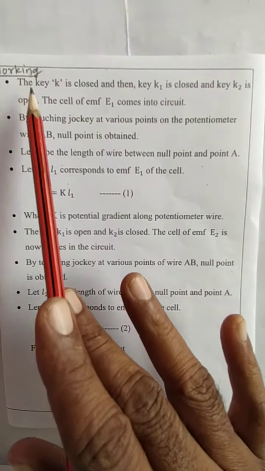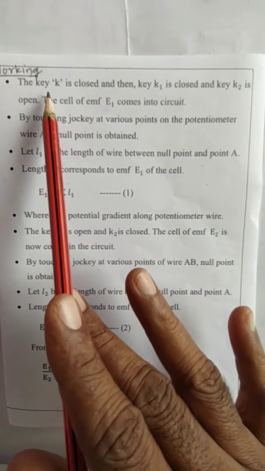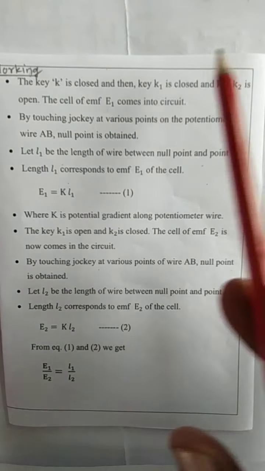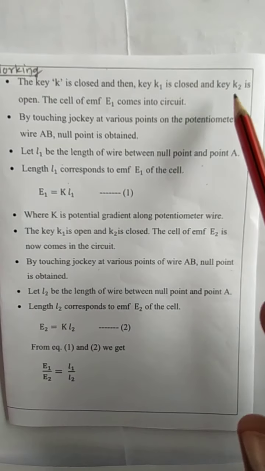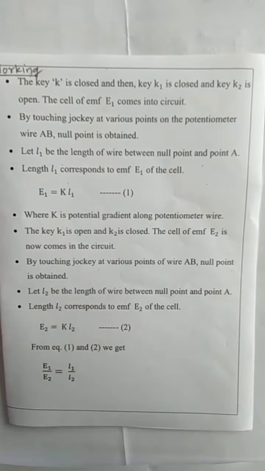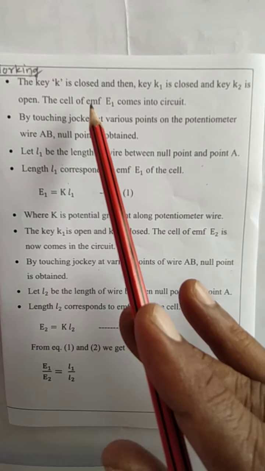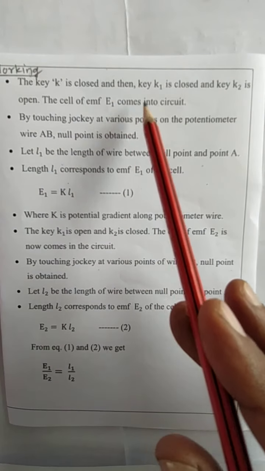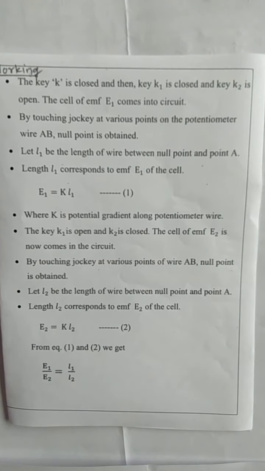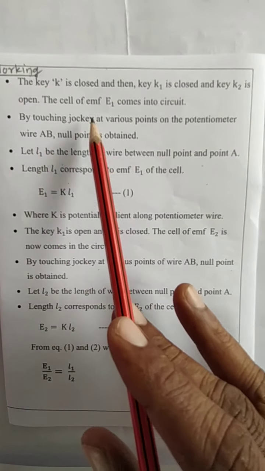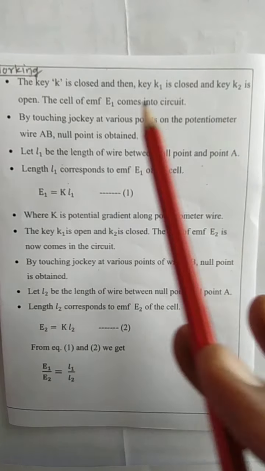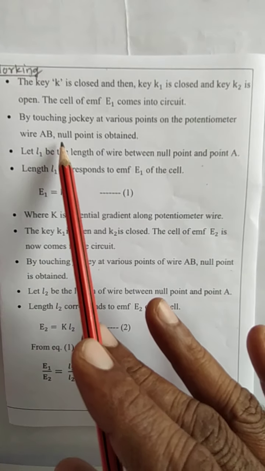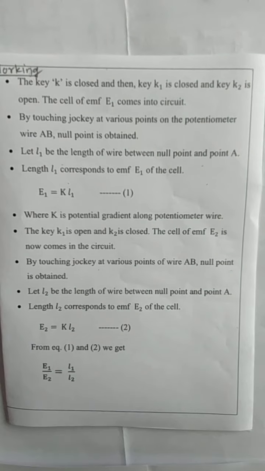Then working. The key K is closed and key K1 is closed, K2 is open. The cell of EMF E1 comes into the circuit. By touching the jockey at various points on the potentiometer wire AB, a null point is obtained.